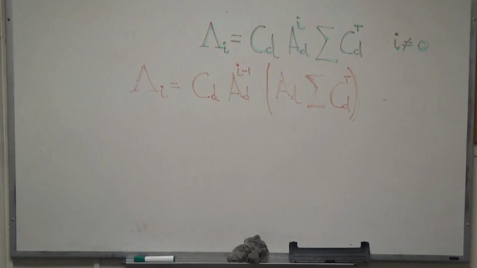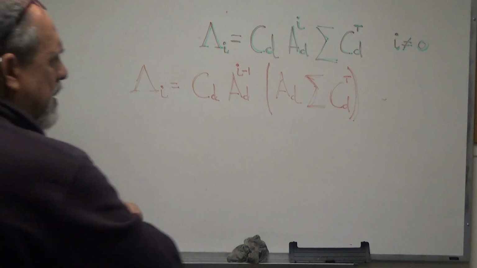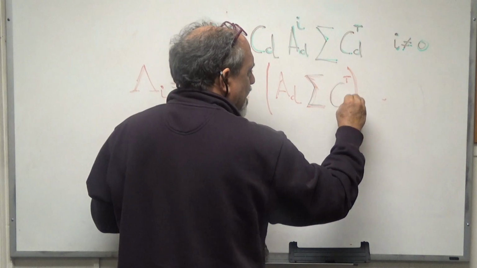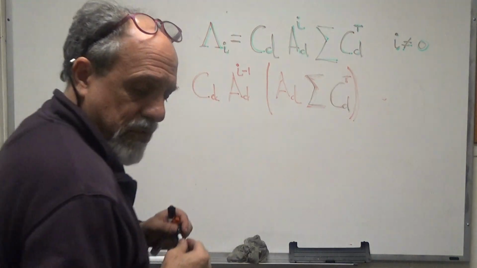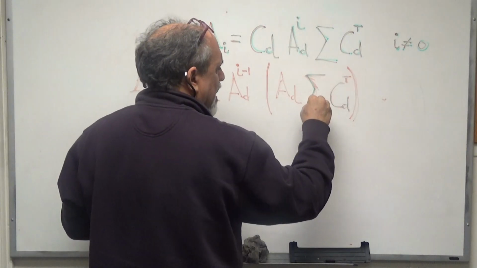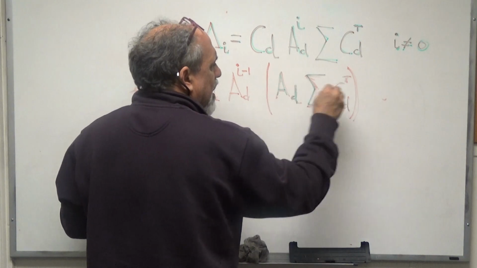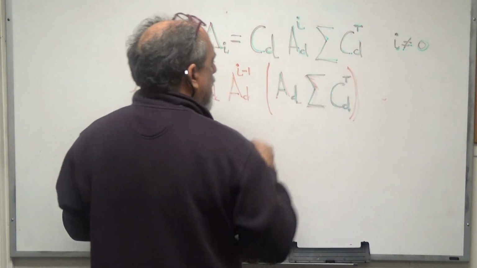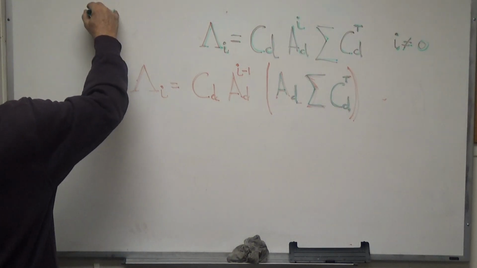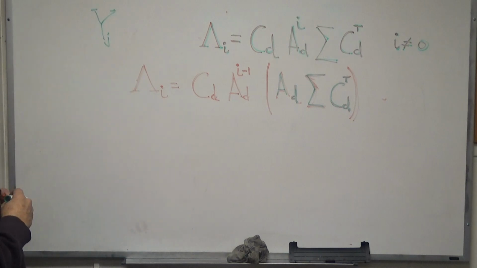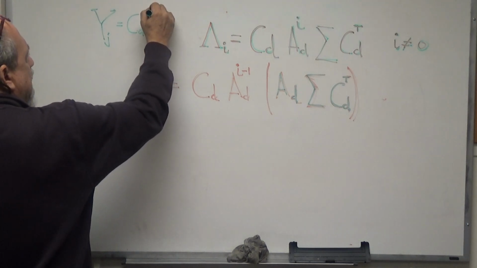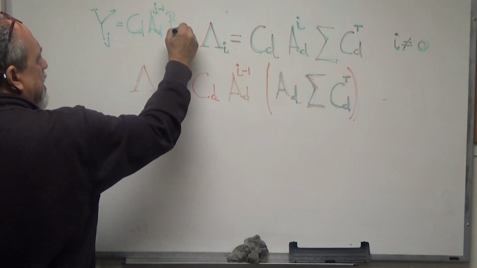So, if you look at that equation and you remember the Markov parameters Y_j, when we know the input, the Markov parameters are CD AD to the j minus 1 times BD, right?